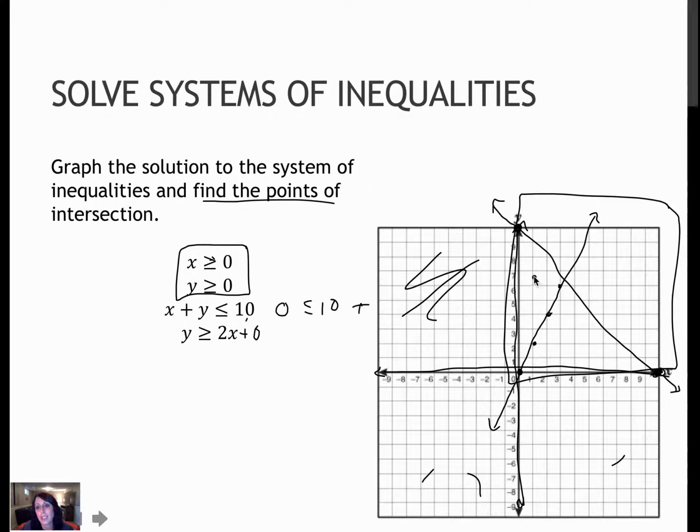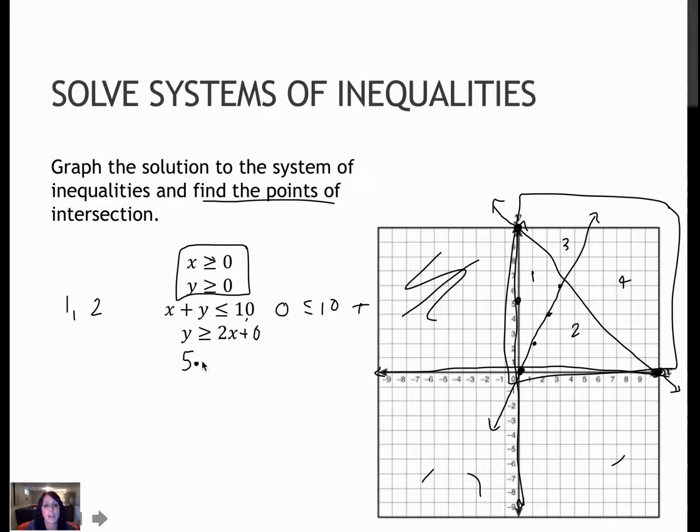So that means it's either, let's go ahead and give these some numbers, it's either 1 or 2 because this line should be shaded towards 0, 0. So this is 1 or 2. We're not sure which. This one, I can't use 0, 0 as a test point because it goes through 0, 0. So let's choose a point that would be easy to check, like 0, 5.